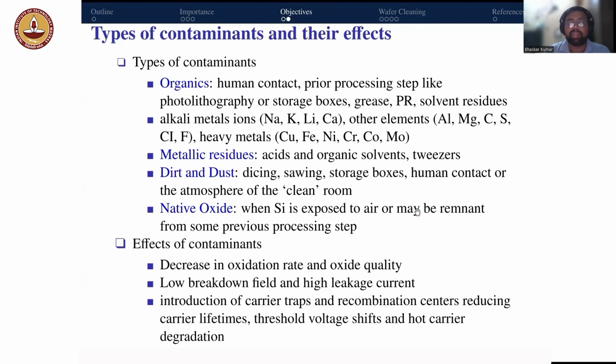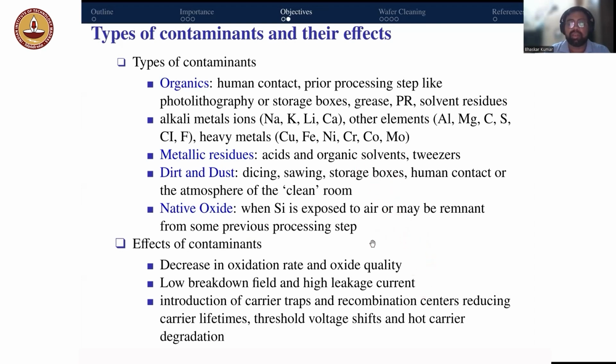These contaminants also decrease the rates of oxidation and the oxide quality that we try to achieve for such samples. The quality of the oxides needs to be very good. Otherwise, there would be drastic shifts in threshold voltage, and that will not be predictable. This is also evident from the behavior of contaminants such as the alkali metal ions.